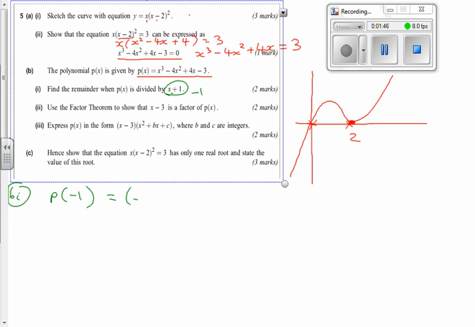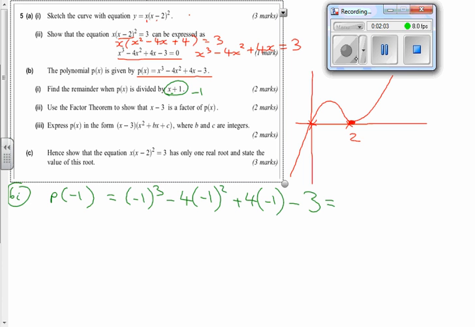Sticking in minus 1 into the equation, I get minus 1 cubed minus 4 lots of minus 1 squared plus 4 lots of minus 1, take away 3. Now, figuring all of that out, they all turn out to be negative, so we've got minus 1, minus 4, minus another 4, minus 3, minus 12. So the remainder there is minus 12.